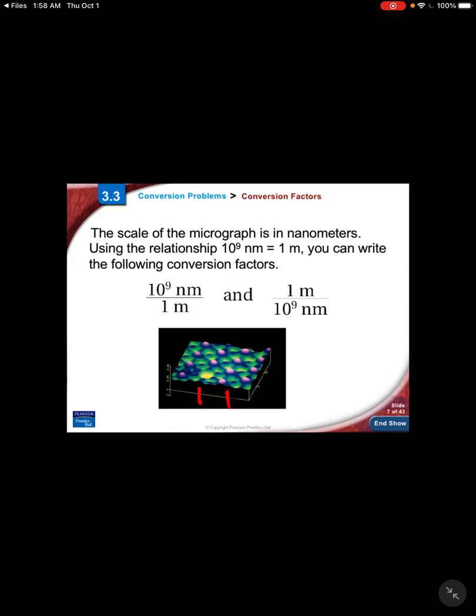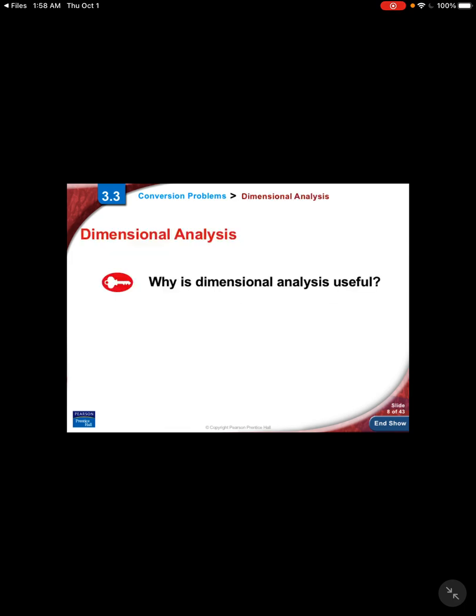If we wanted to convert from one unit to the other, we would use our conversion factor of 10 to the ninth nanometers per meter, or 1 meter per 10 to the ninth nanometers, the very small nanoscale unit.